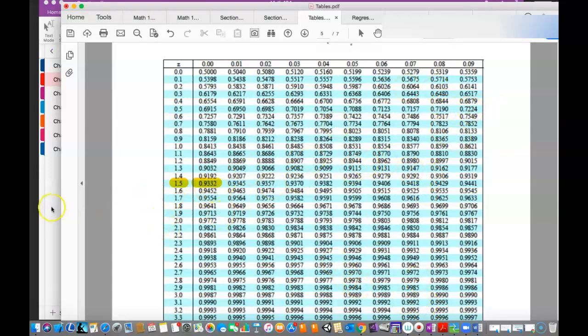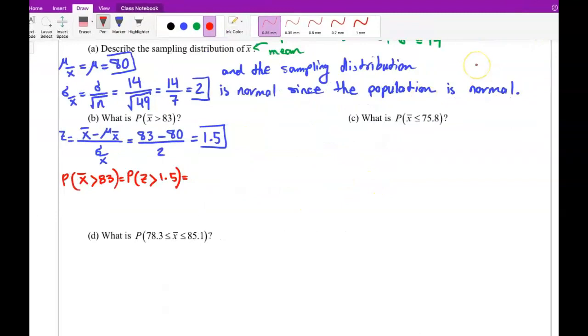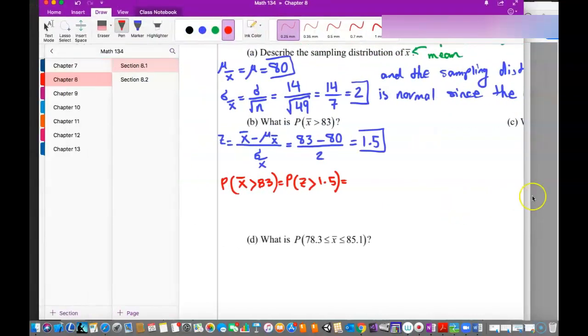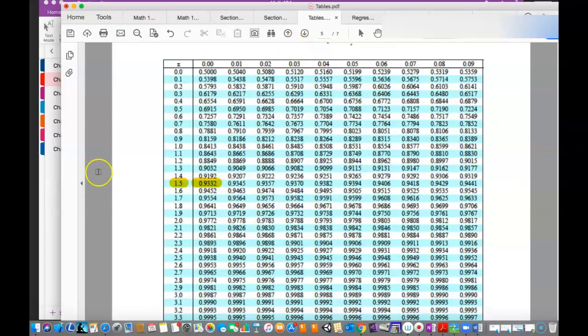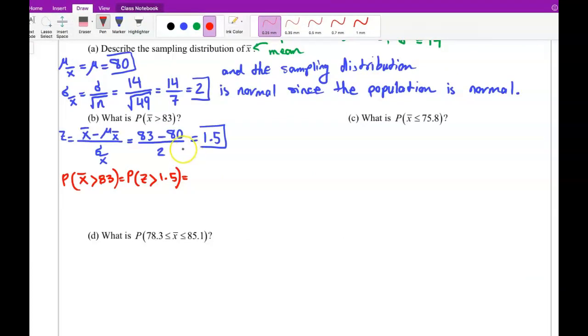Okay, let's go back to the lecture. So it was 93.32. So the answer for this part is 0.0668.